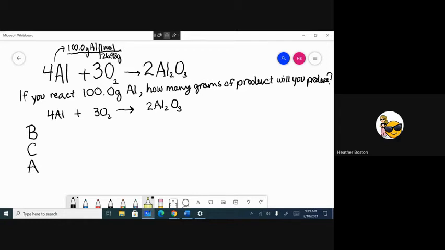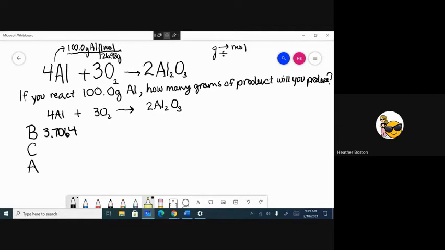So the grams to moles conversion is done by dividing. So 100 divided by 26.98 will give me moles, and I'm going to put this in the BCA chart. 3.706. I carry around lots of significant figures just to make sure.